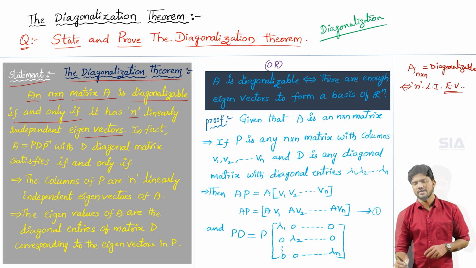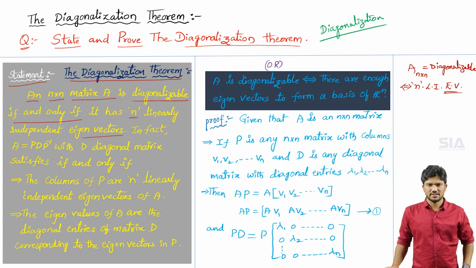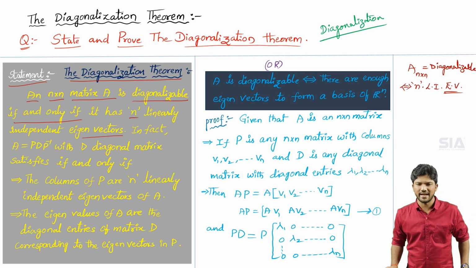You know very well, there are eigenvalues for matrix capital A, and for the eigenvalues there are corresponding eigenvectors. If those eigenvectors are linearly independent, then the matrix capital A is said to be diagonalizable.